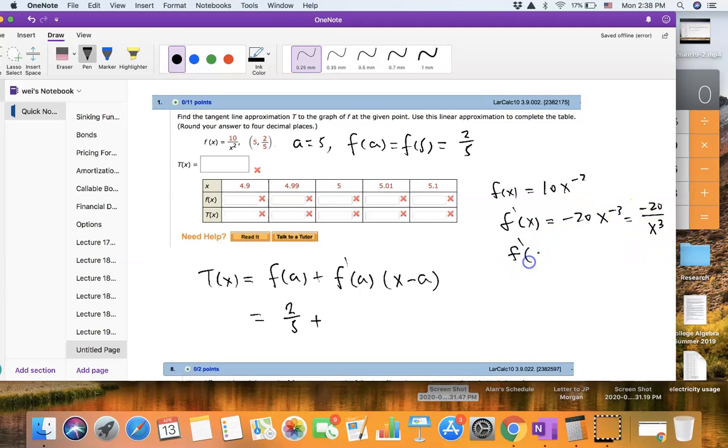So f prime of a equals negative 20 over 5 to the third, which is negative 20 over 125. And they have a common denominator 5. So after we cancel out, it is negative 4 over 25.